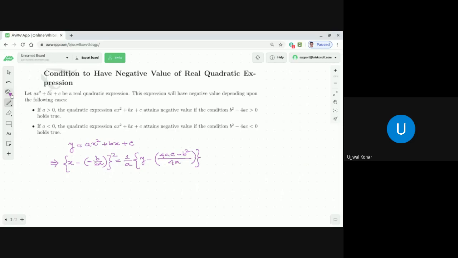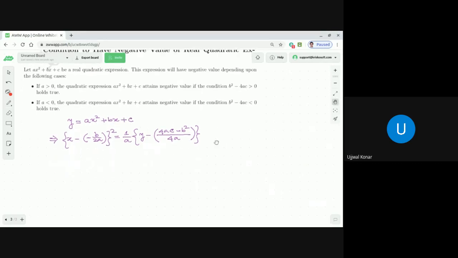Now, what is the visual representation of this curve? The visual representation of this curve is something like this. This is the x-axis, this is x dash, this is y, this is y dash, this is origin.